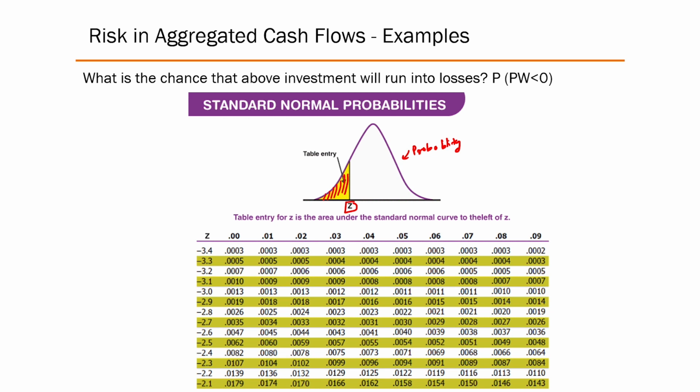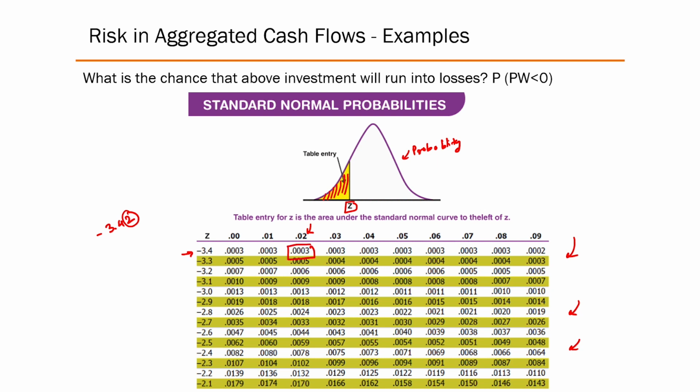So for any Z value, the area under that curve is tabulated; people have plotted such tables which are readily available on the internet. So what you can simply do, if let's say your Z score comes out to be minus 3.42, you can go to this table, go to the minus 3.4 line, and then the next remaining term is 0.02.